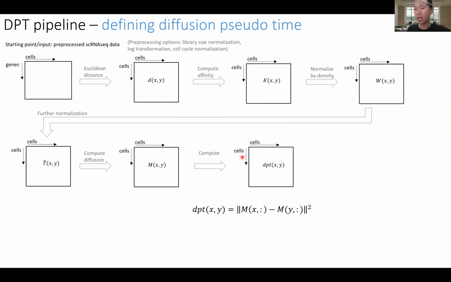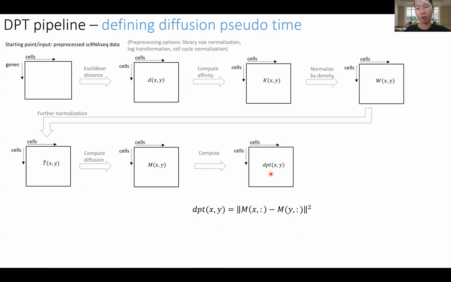So to me, the key advantage of this pipeline is that this DPT matrix is able to approximate geodesic distance using a series of fairly inexpensive computational steps. Overall, you can interpret this DPT matrix as geodesic distance on the k-nearest neighbor graph.